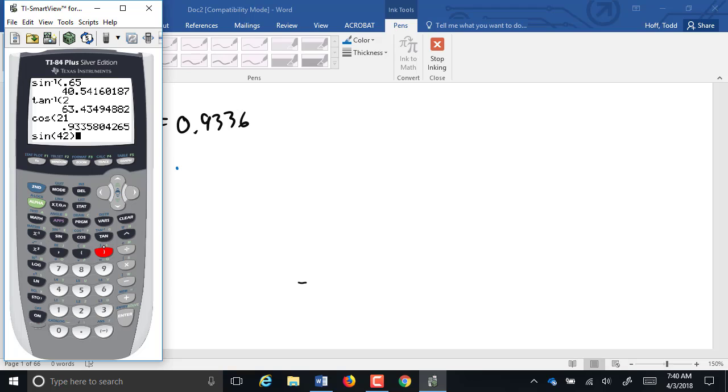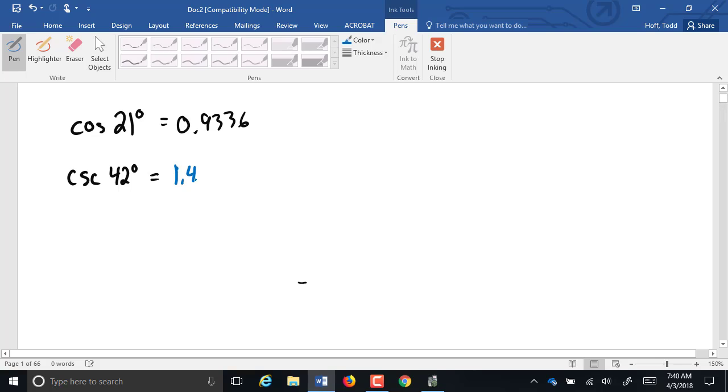Sine of 42. Is the x to the negative 1 inside or outside the parentheses? Outside. 1.4945. Do the sine of 42, then outside the parentheses, you hit that reciprocal key.